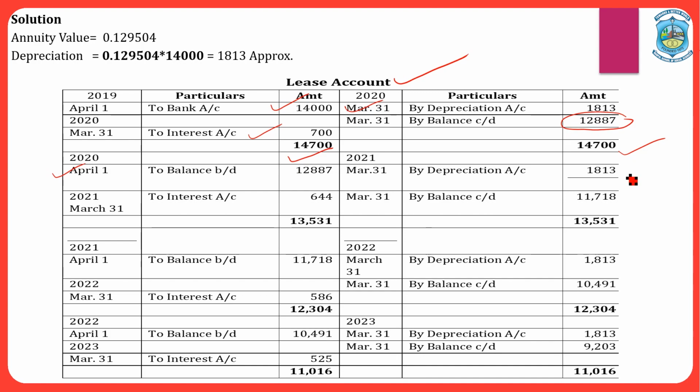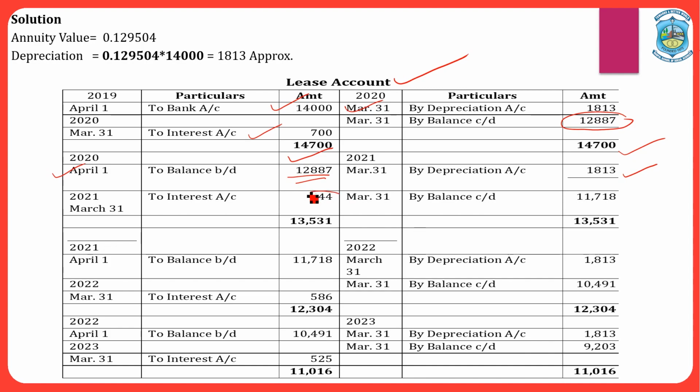Again we will be charging depreciation to be shown in the credit side, 31st March 2021 by depreciation. If we are investing 12,887 on 1st April 2020, soon after 12 months, on 31st March 2021, what shall be the interest due? That will be 12,887 at the rate of 5%.